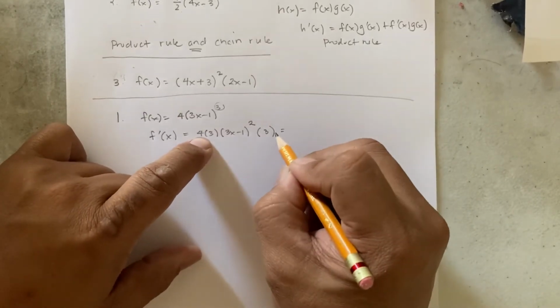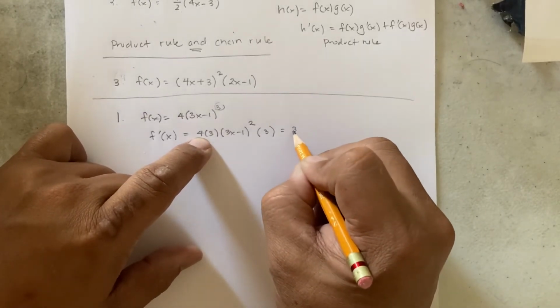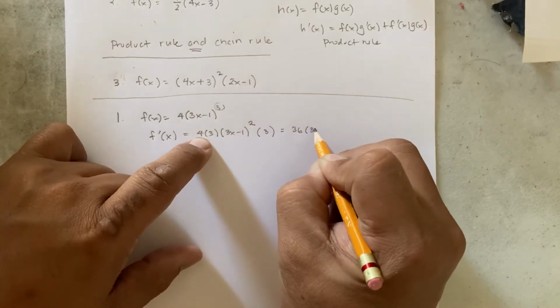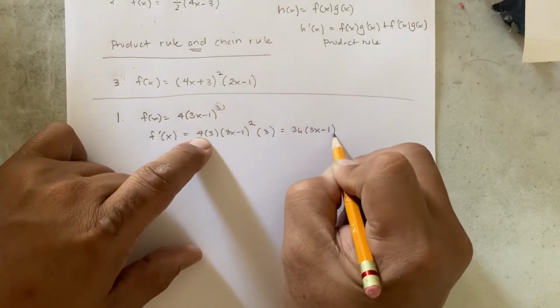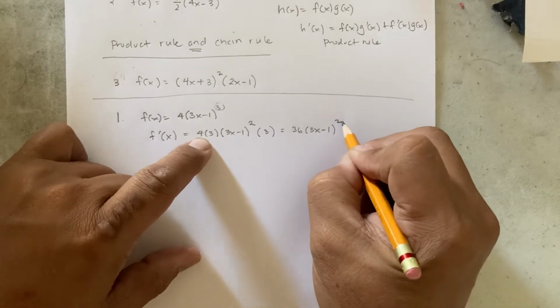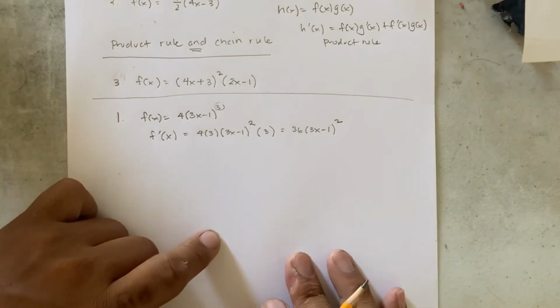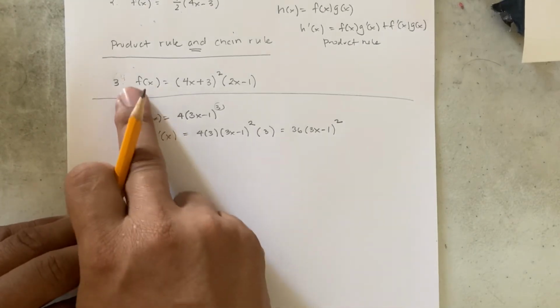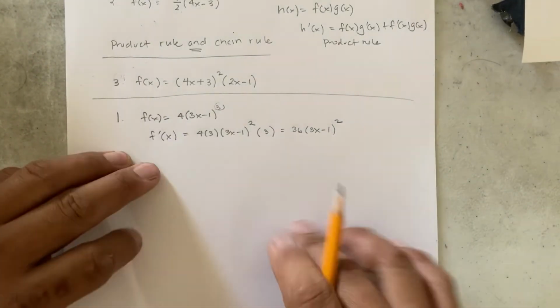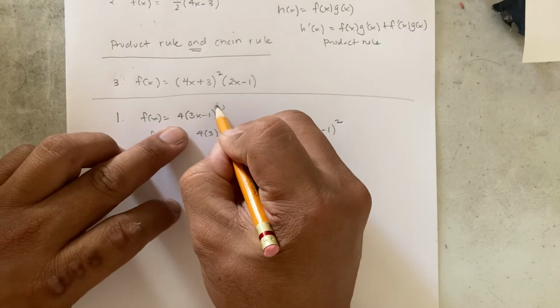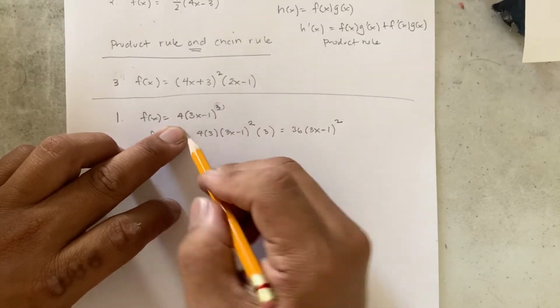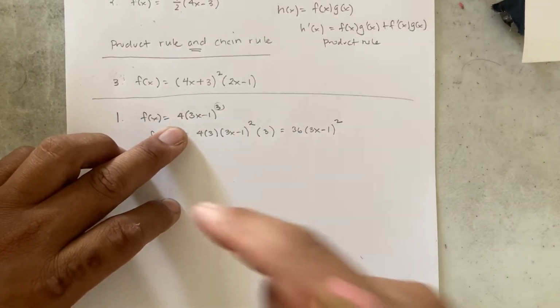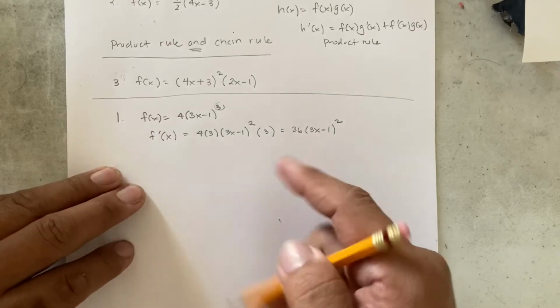So 3 times 3 is 9, times 4, 36. Times the quantity 3x minus 1 squared. We'll leave our answer in that form. It's easier to do than if we were to take the product of a binomial and multiply it by the binomial again, multiply it by 4. This is much easier to do.